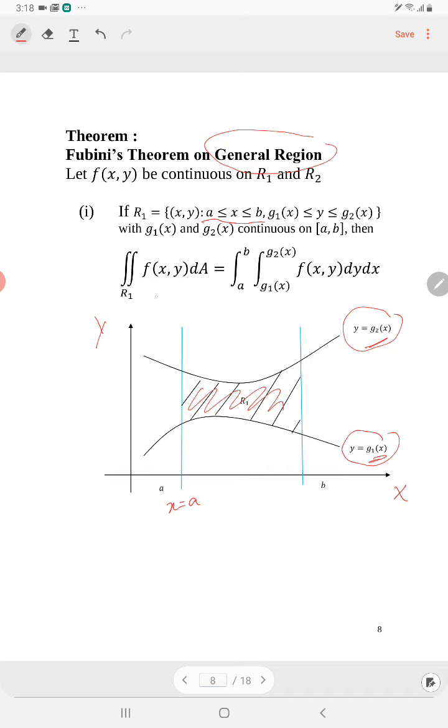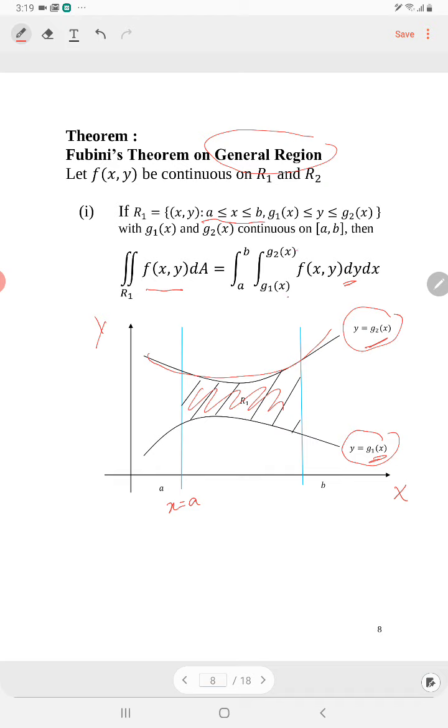If you want to integrate a function f over this kind of region, the order of integration does matter. In this case, you need to integrate with respect to y first, and then with respect to x. To determine the upper and lower limits for y, we just look at the top and the bottom boundary. The top boundary is the upper limit for y, and the bottom boundary is the lower limit for y. So here, the limits for y would be g1(x) to g2(x).